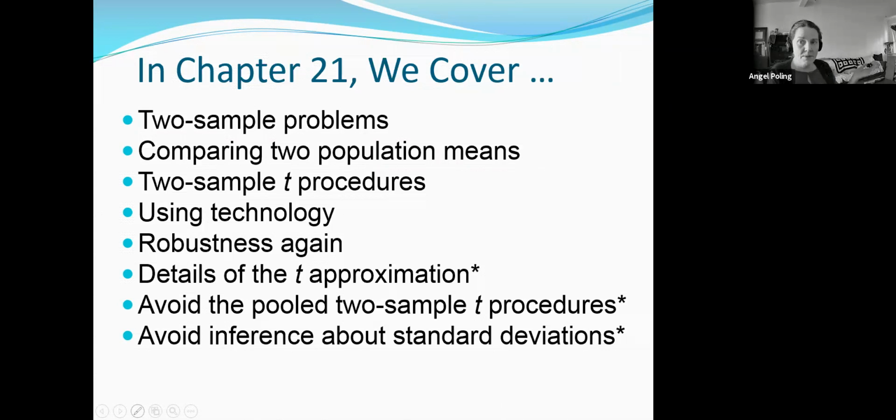And the other thing we can make inferences about is standard deviations, because right now we don't know the standard deviation, and we're just going to pretend it's the standard deviation from our sample. At some point, there are chapters and procedures to make this kind of inference, but they're telling us to avoid it. So we don't even do it as undergrads.